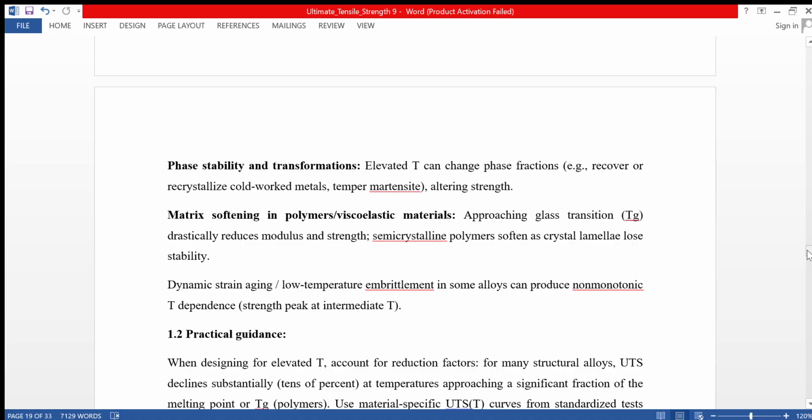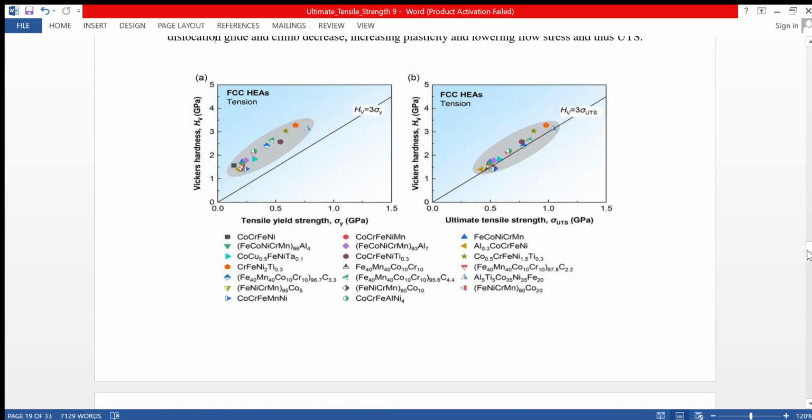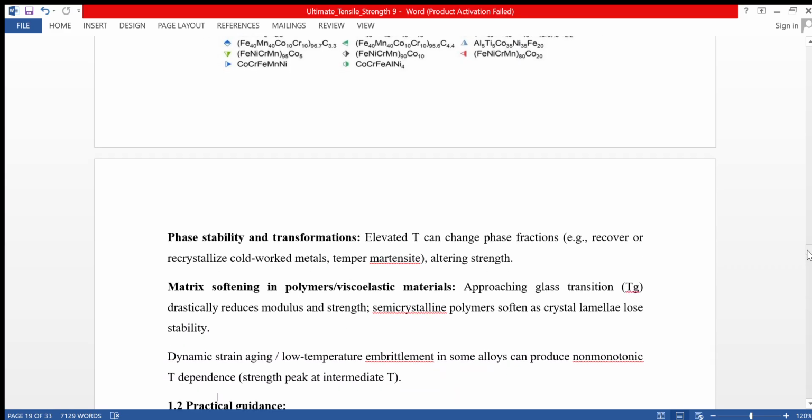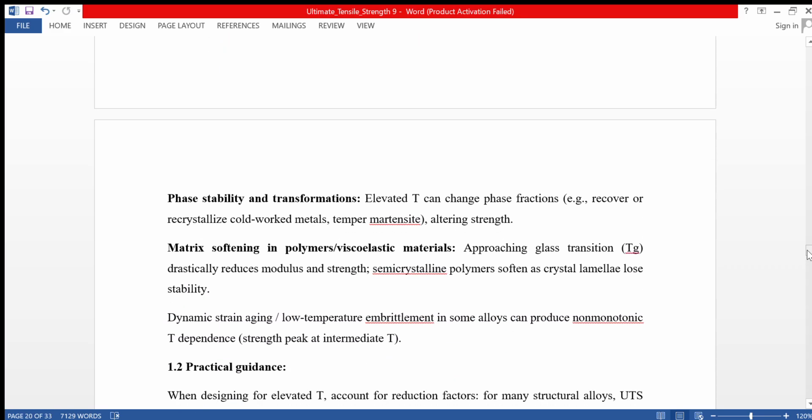Phase stability and transformation. Elevated temperature can change phase fraction, altering strength. Matrix softening in polymer viscoelastic material approaching glass transition drastically reduces modulus and strength.